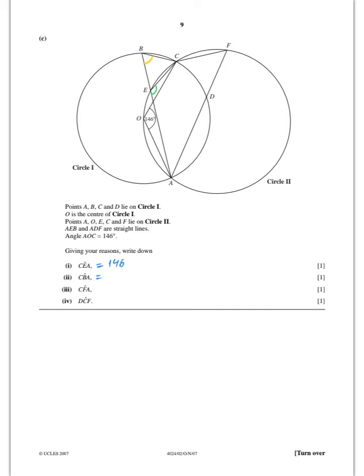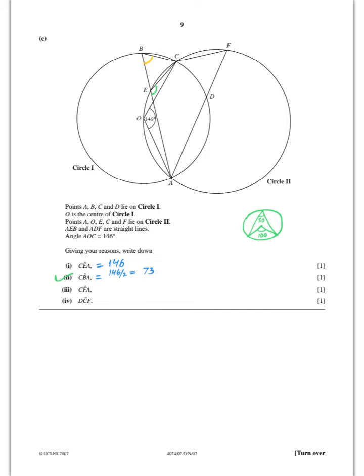So for angle CBA, it will be 146 divided by 2, which leads to 73. If you don't know, the property says that if the angle at the center is, let's suppose, 100, then the angle at the circumference will be 50. That is the property we have applied in this second part. The angle at the center is 2 times the angle at the circumference.